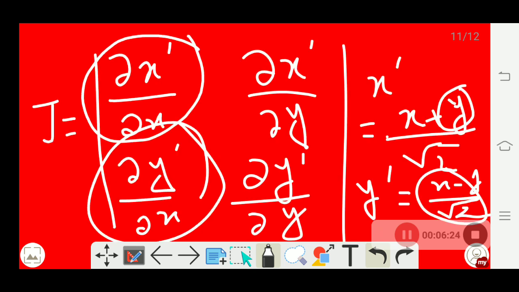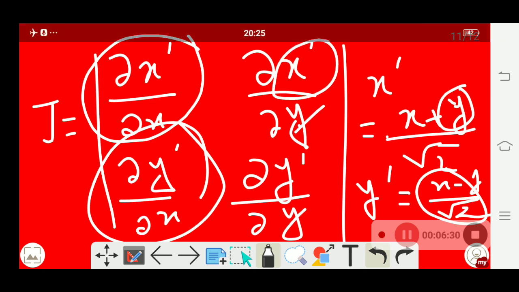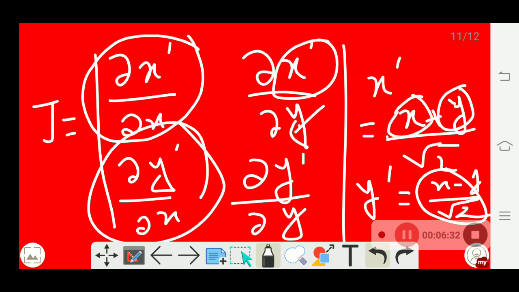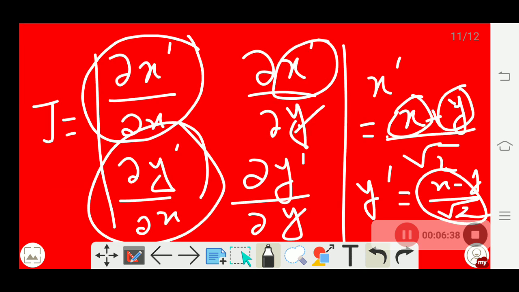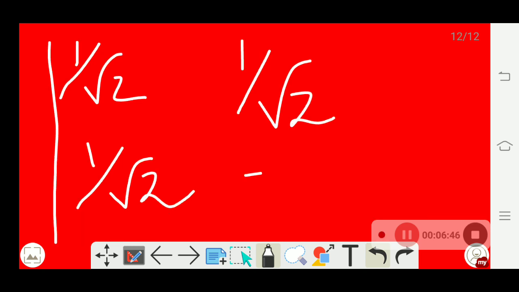And del x prime del y, so this will give you 0. This is 1 upon root 2. And the final one, del y prime del y, this will give you minus 1 upon root 2. So what is the value?